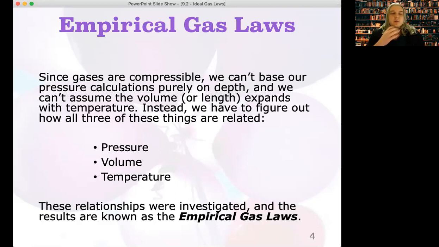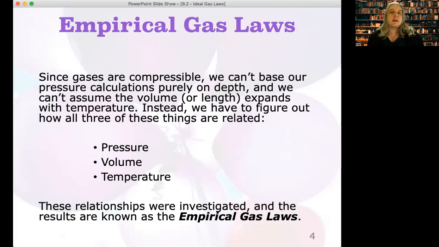We're going to talk about the relationship of these three properties, specifically each pair at a time. The process of investigating these and coming up with the results and relationships that we're going to see was empirical. That means it wasn't derived from some law. It was just given as a result of investigation. Remember, that's what empirical means.